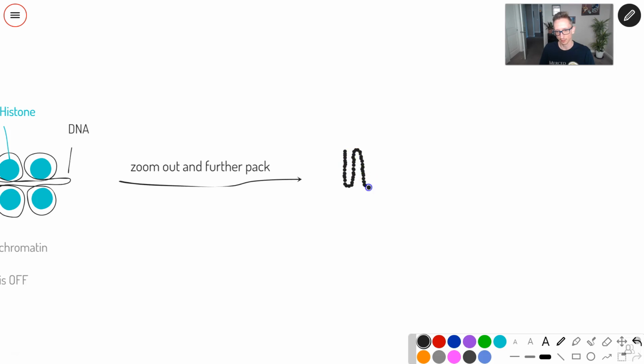Make sure it's kind of all connected. So we're just further packing it by creating these loops of heterochromatin. These loops are made out of this over here. Okay, so this is loops of heterochromatin.